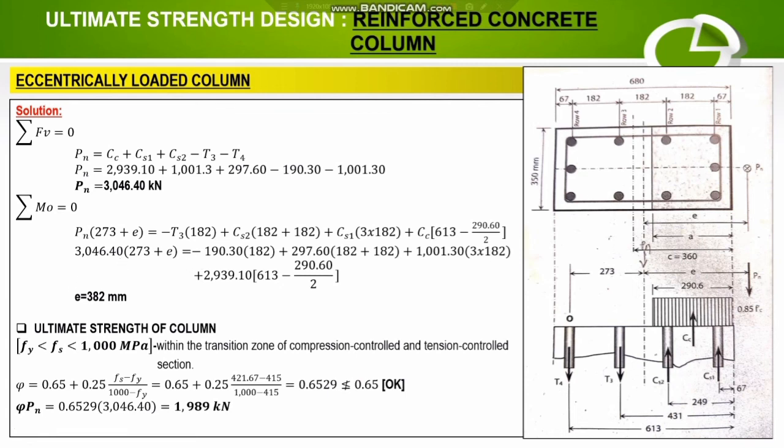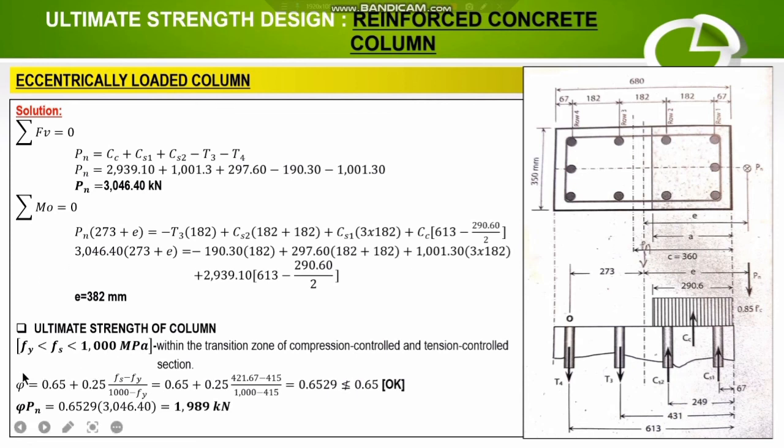Finally, we can solve for the ultimate strength of the column. Let us remember that when Fs, or the tensile stress in the tension part, is greater than Fy but less than 1000 megapascals, it is considered within the transition zone of compression controlled and tension controlled section.